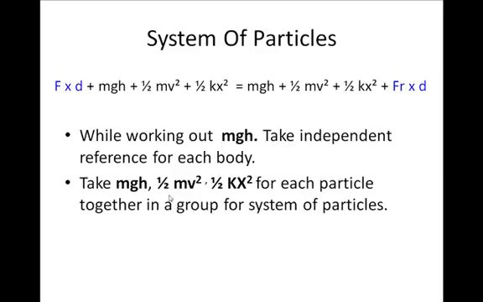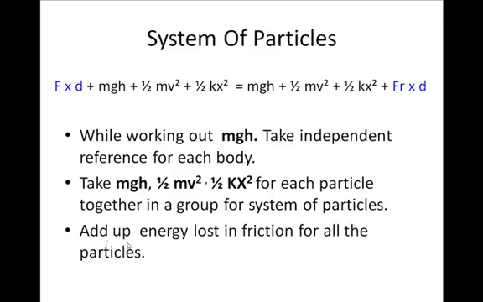Then, take MGH, half mv square, half kx square for each particle together in a group for a system of particles. So see, we are dealing with a system of particles, so in this case, the energies for all particles have to be grouped. And third is, add up energy lost in friction for all the particles.